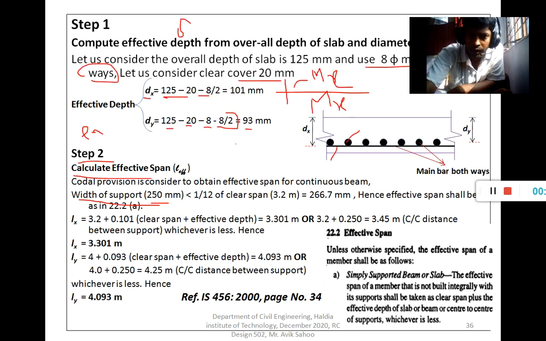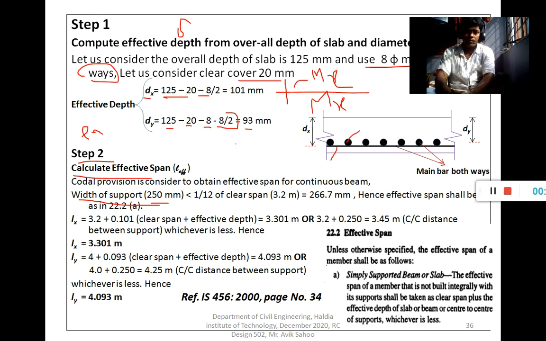So similar to a simply supported slab, it is the center to center distance or clear span plus effective depth, whichever is less.